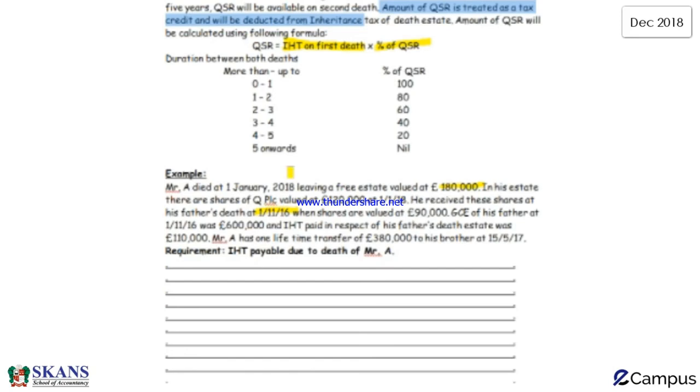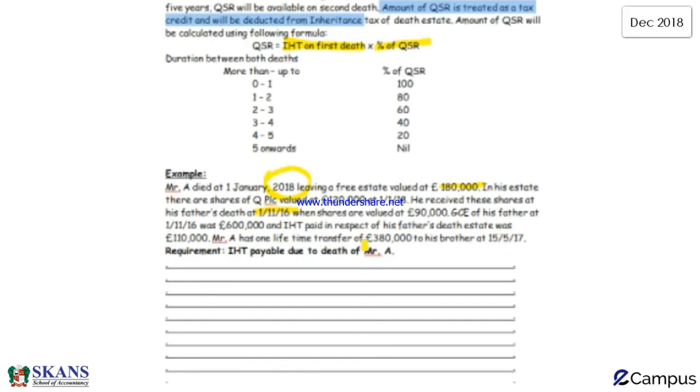You can see the duration between these two deaths is less than 5 years. When the shares were valued at 90,000, the gross chargeable estate of his father on 1st November 2016 was 600,000. IHT paid in respect of his father's death estate was 110,000, and Mr. A had one lifetime transfer of 380,000 to his brother on 15th May 2017.